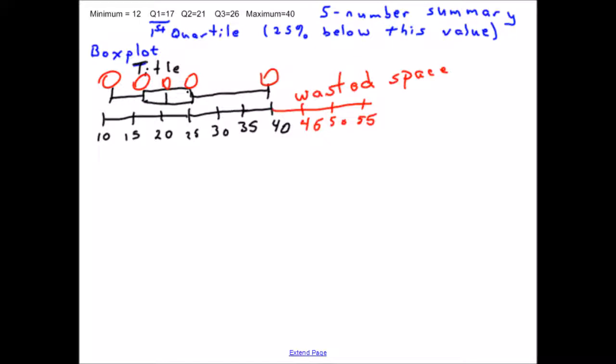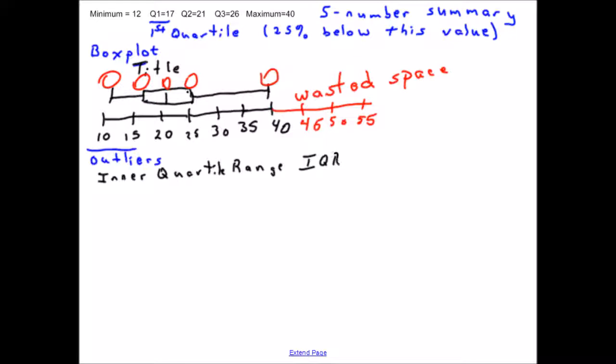When dealing with outliers, you first of all have to identify what's called the interquartile range, noted IQR.